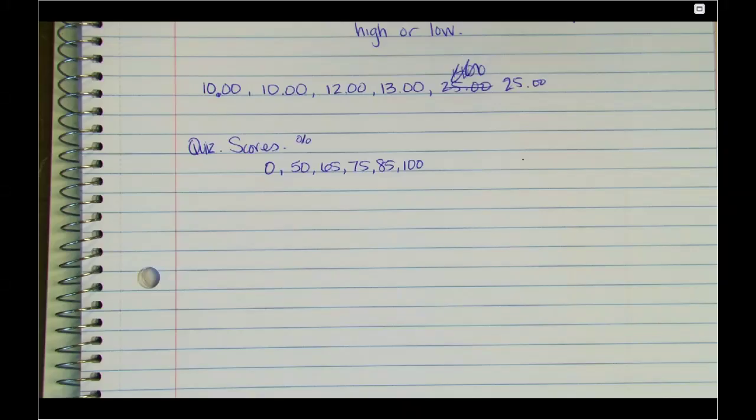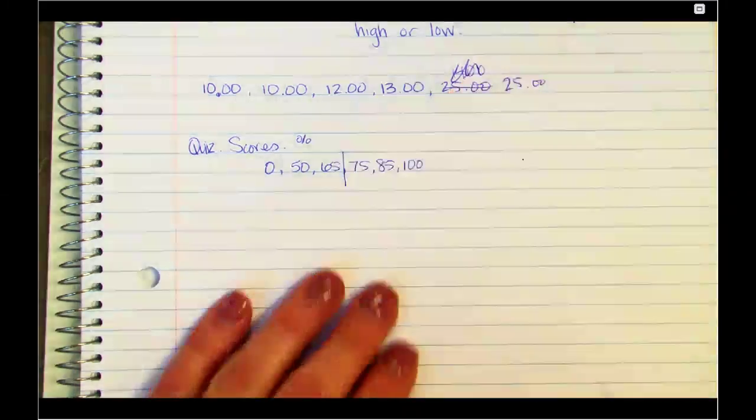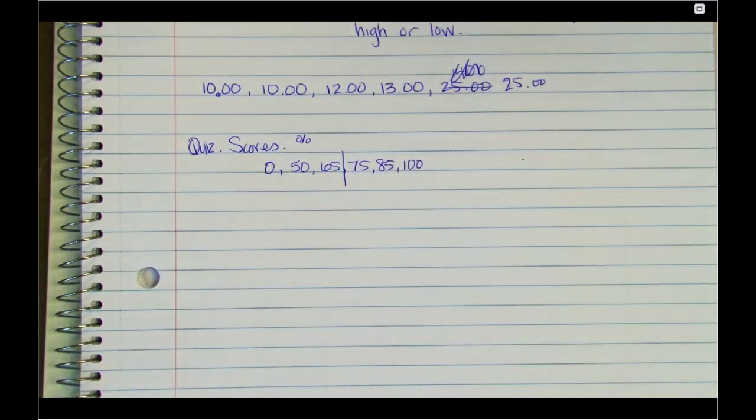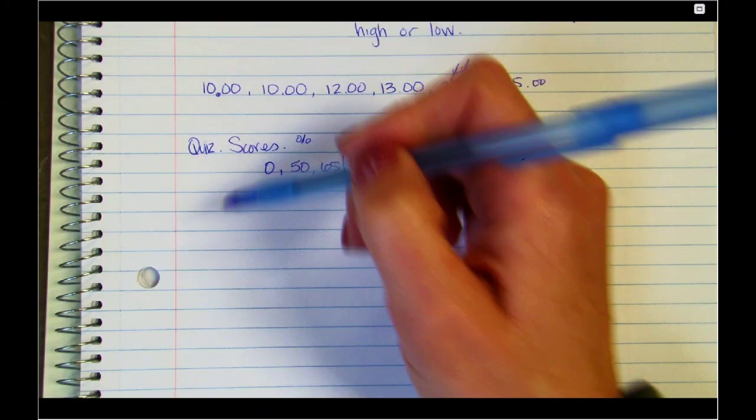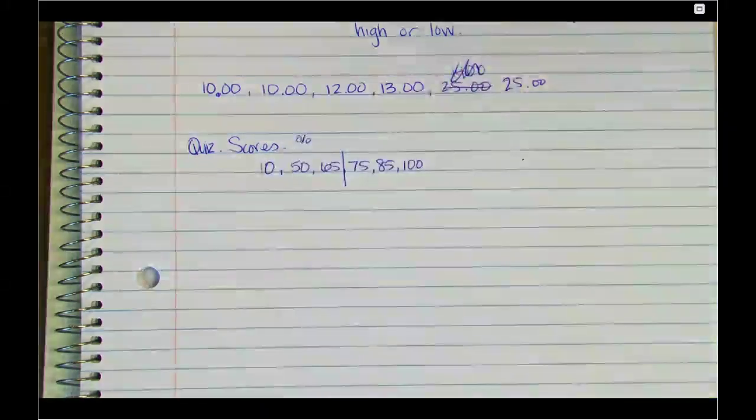Yeah, some people say I can't do that, but it's right here. What's right between 65 and 75? It's 70. What does the outlier do to that? Nothing. If this person had a 10 instead of a 0, the median would still be in the same place.